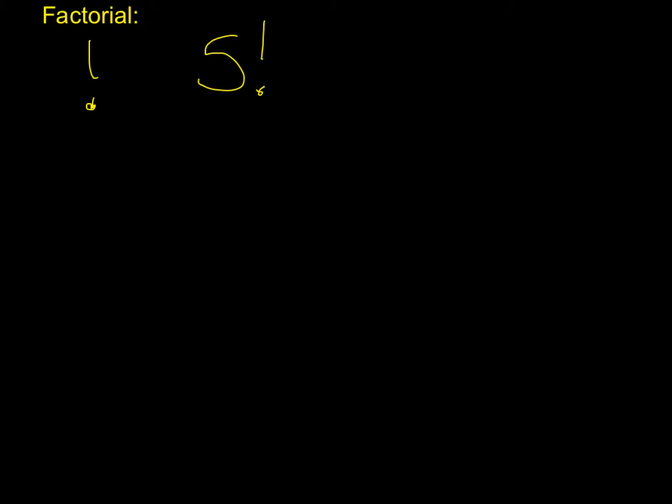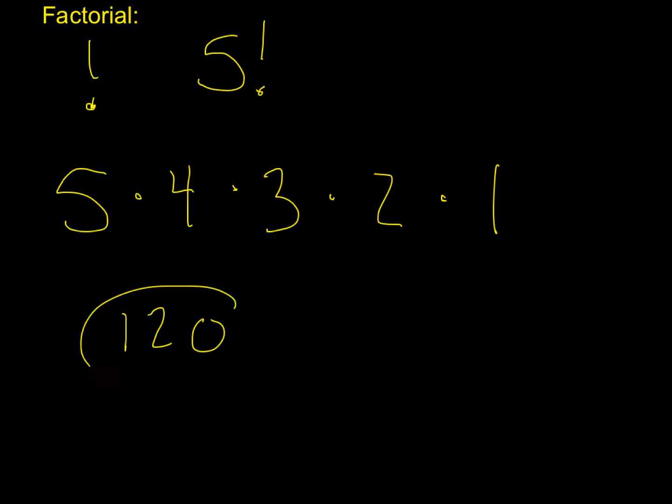So 5 factorial would be 5 times 4 times 3 times 2 times 1, which would end up being 120.